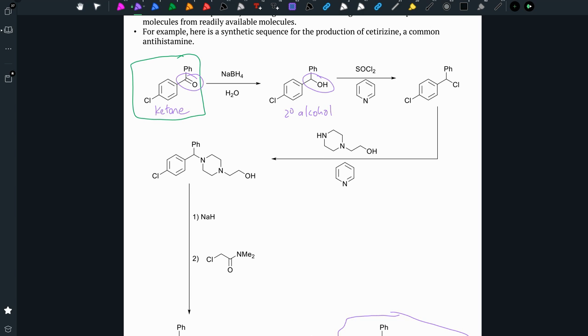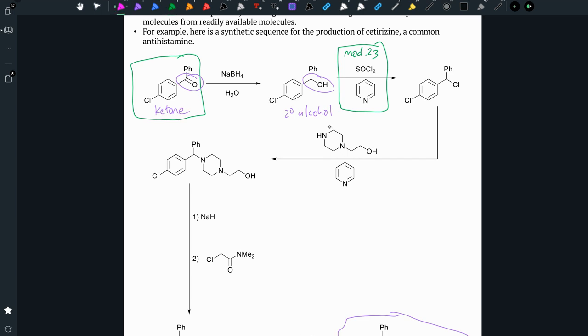This second step is a step you've seen before. That's where we're using thionyl chloride and pyridine to replace an alcohol with an alkyl chloride. So you definitely saw this last module in Module 23. And then the next reaction actually is an SN2 reaction.